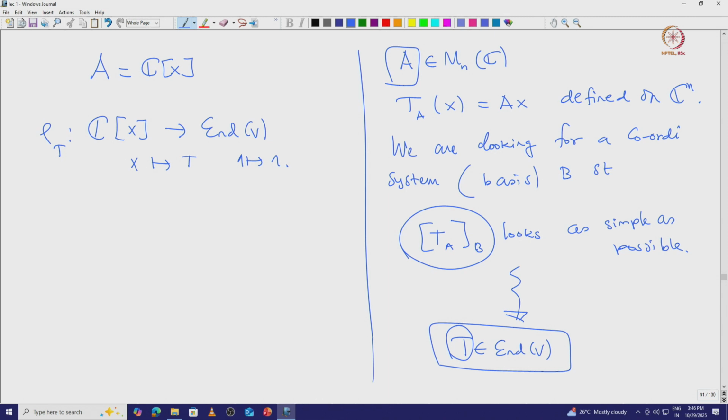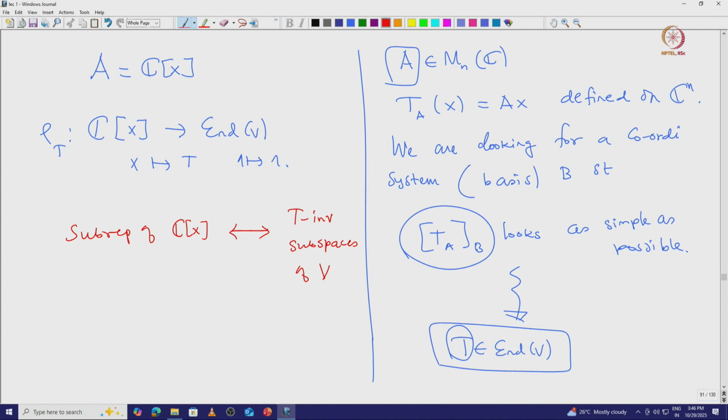In terms of this representation language, the subrepresentations correspond to T invariant subspaces. This is the connection between the representations and the T invariant subspaces of capital V.